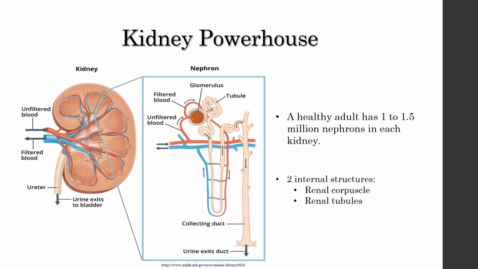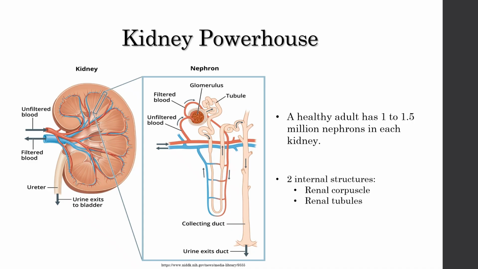Each nephron has two major components, the renal corpuscle, which includes the glomerulus, and the Bowman's capsule. The glomerulus is essentially a specialized capillary tuft designed to filter blood. Blood enters the glomerulus under pressure. Plasma gets filtered. Cells and large proteins stay behind, at least in healthy kidneys. And so damage here equals proteinuria and hematuria, okay?